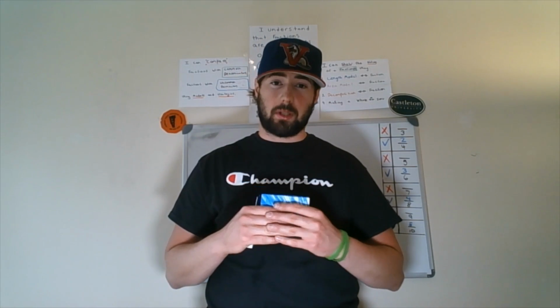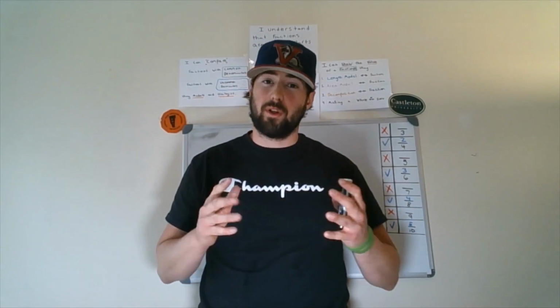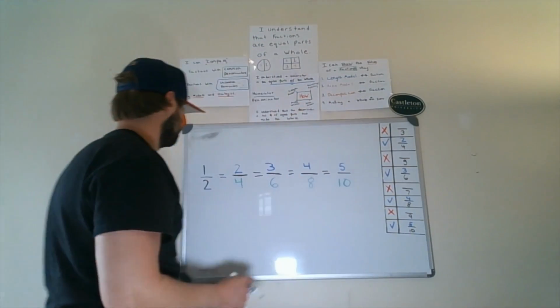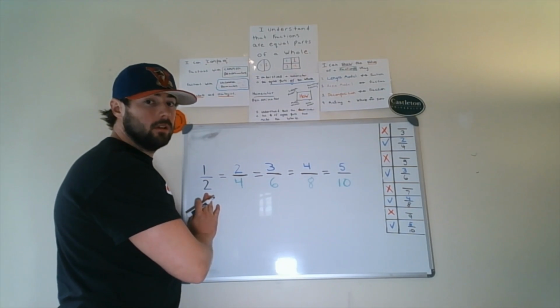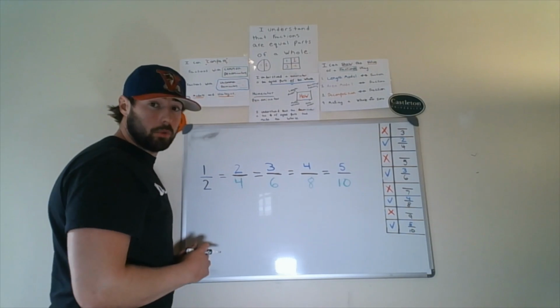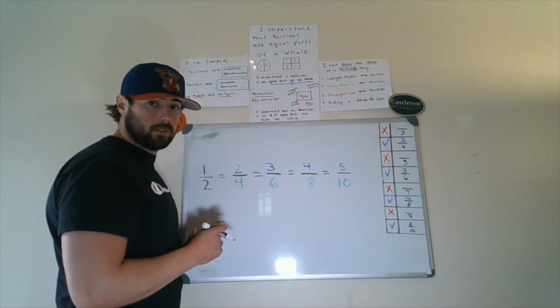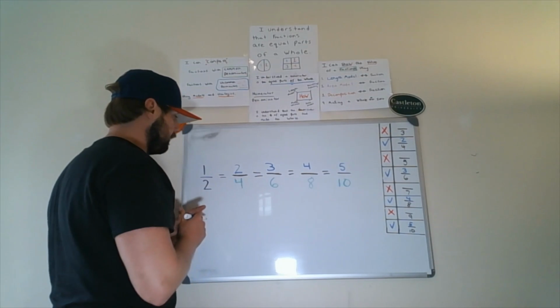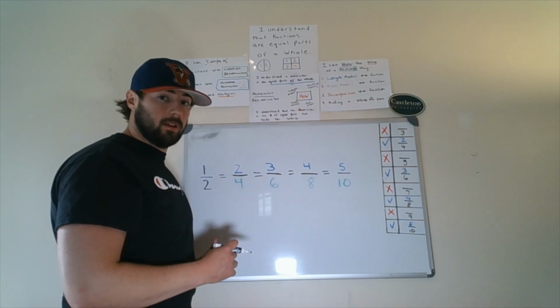What happened to the numbers when we were making those parts smaller? We were making those equal parts smaller. We were actually multiplying and dividing. Let me try to show you with those numbers. We know for a fact, we saw it with the model, we saw it many different ways, that 1/2 is indeed equivalent, the same as 2/4. Not only do they look different, but the numbers are different, but they are equivalent.